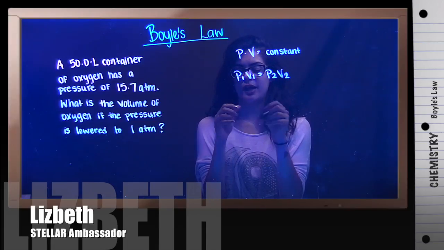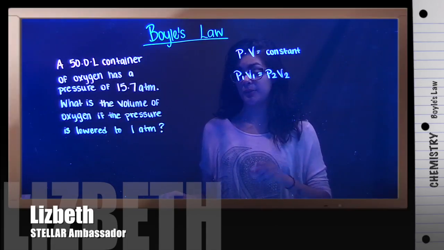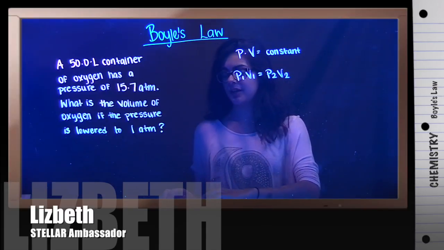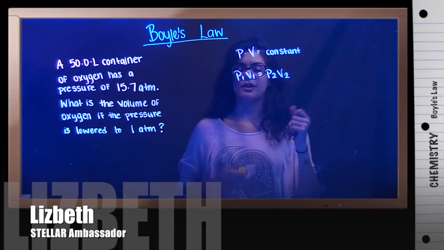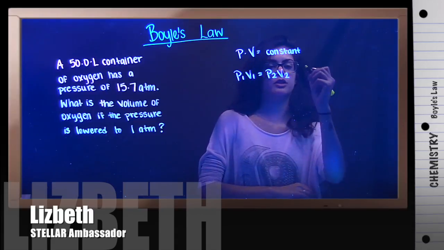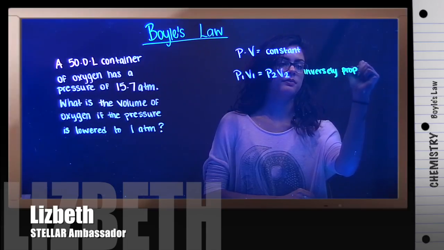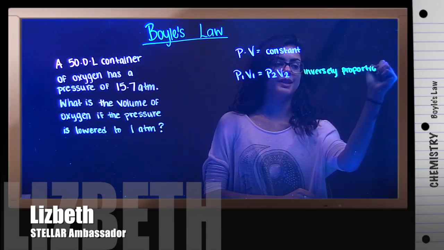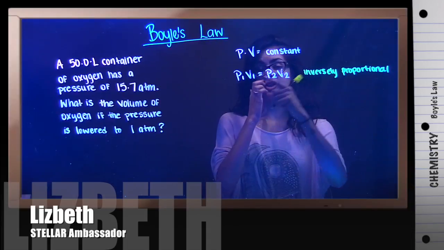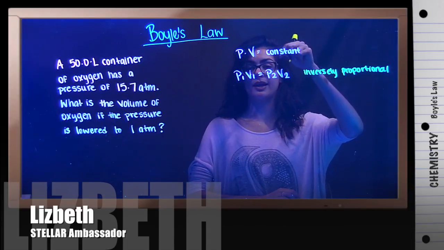One thing I do want to note is that since pressure and volume are being multiplied together, their relationship is going to be inversely proportional. What this means is that if pressure is going up, then volume must be going down.